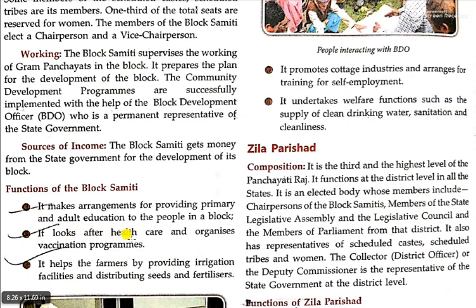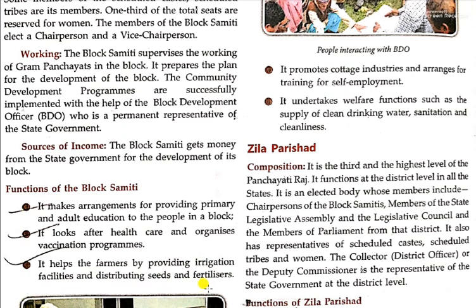Then it looks after healthcare and organizes vaccination programs. So the block samiti looks into the medical matters, and also conducts many vaccination programs. It helps the farmers by providing irrigation facilities and distributing seeds and fertilizers.